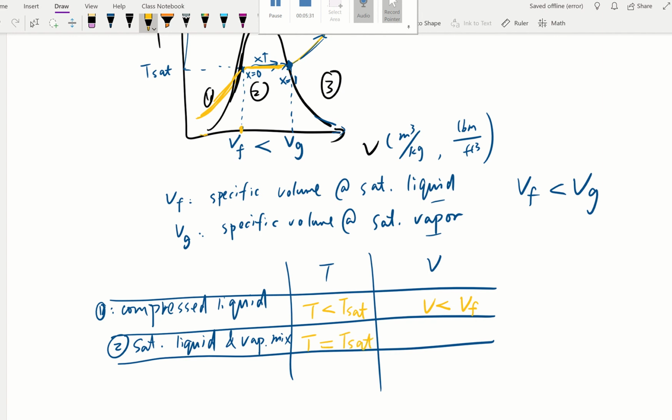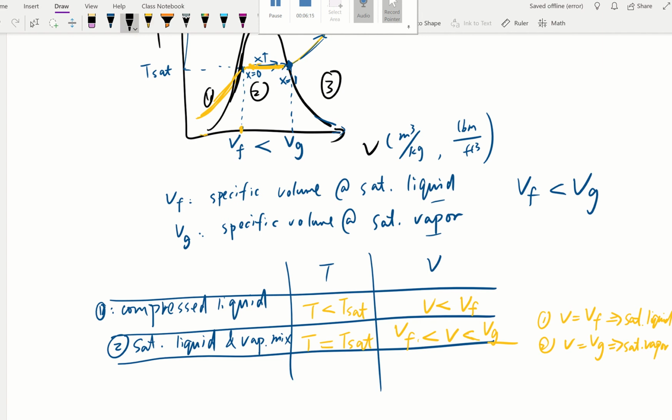So T is equal to Tsat. What happens to the volume during this time in the dome too? This v is between where? Between vf and vg, right? Here's a little note. If v is equal to vf, then we know it's just saturated liquid only. If our v is equal to vg, we know that's going to be saturated vapor. Otherwise, if it's in between those two values, we know it's a mixture.